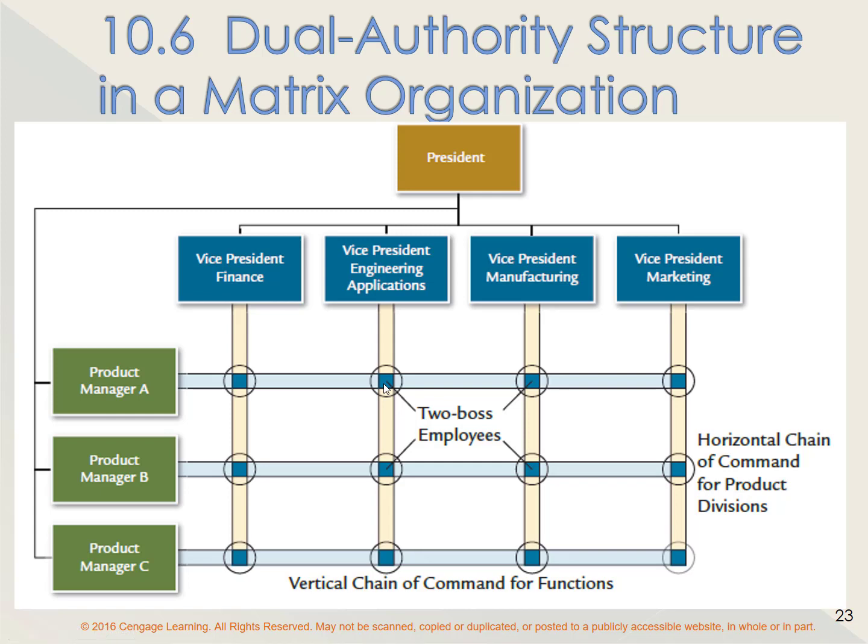Now, one of the things with the two bosses, and this is very common. I have a very good friend working in a matrix structure right now, and he has two bosses. Typically these two people, the vice president of engineering and applications and the product manager, work very closely together all the time. So it tends not to be a problem.